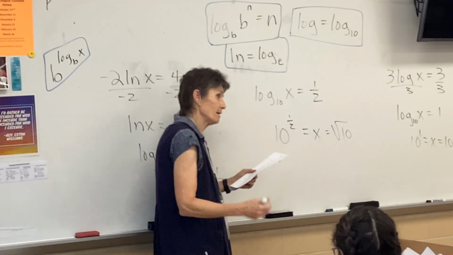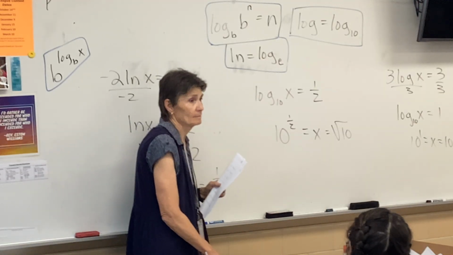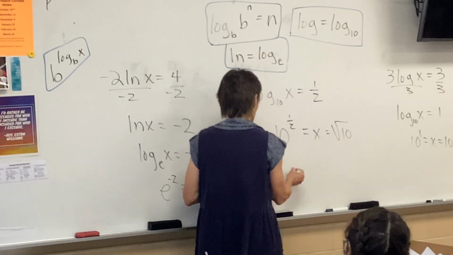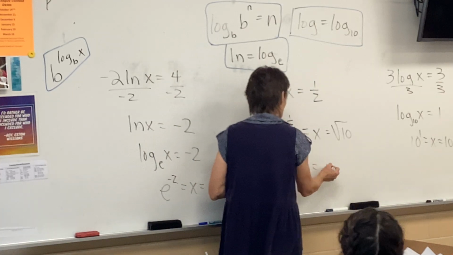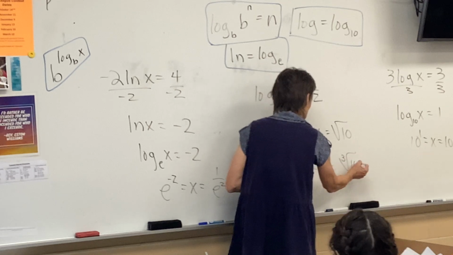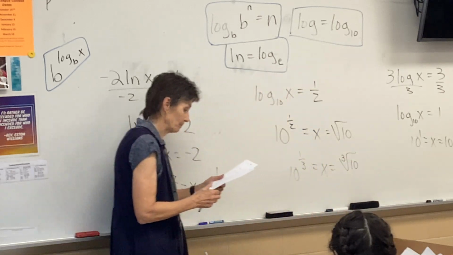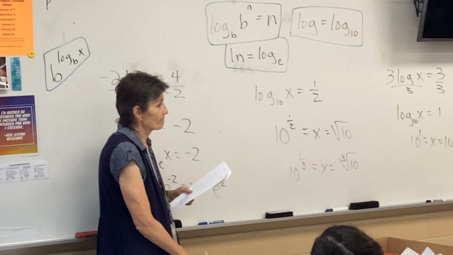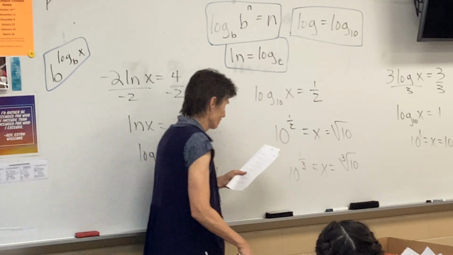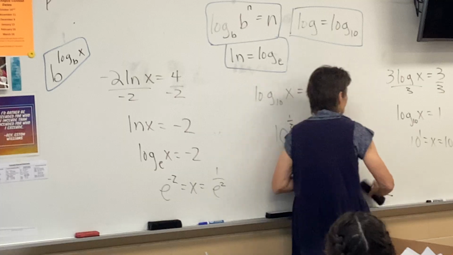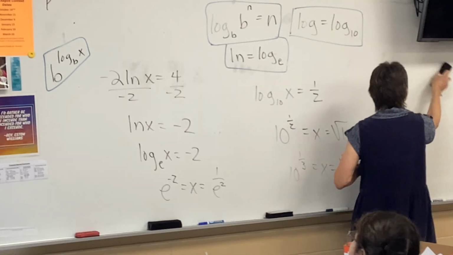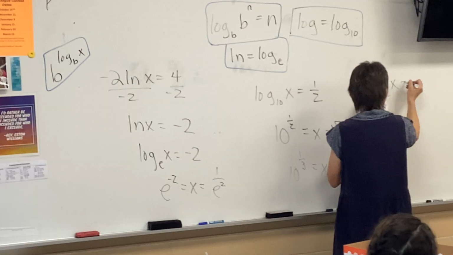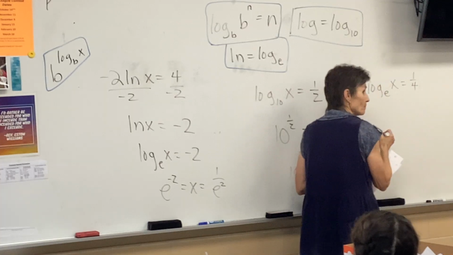Well, what about I? Cube root 10. It'll be 10 to the 1/3 equals x, so the cube root of 10. Yep, and then J is going to be log base e of x equals 1/4.